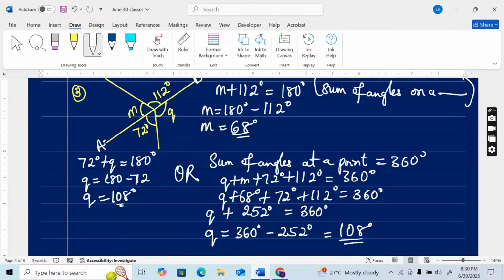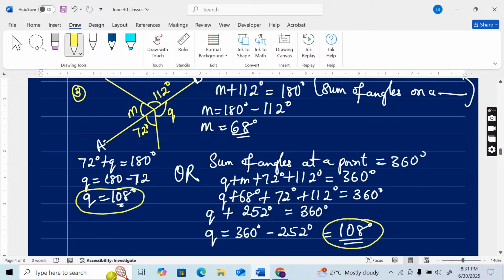So the value of Q, you can see that we got the same thing. We used the sum of angles on a straight line because we had straight line A to B. Then we also used sum of angles at a point. We got the same answer.